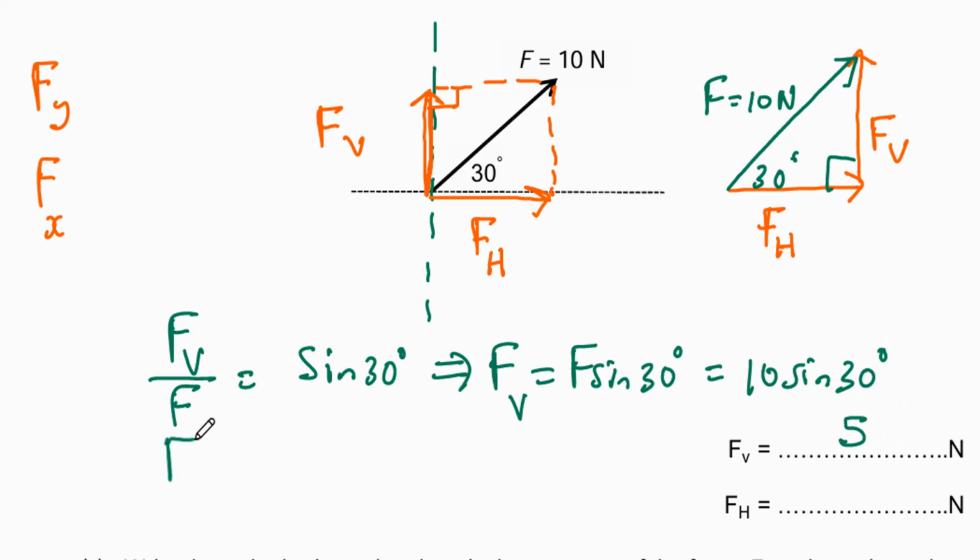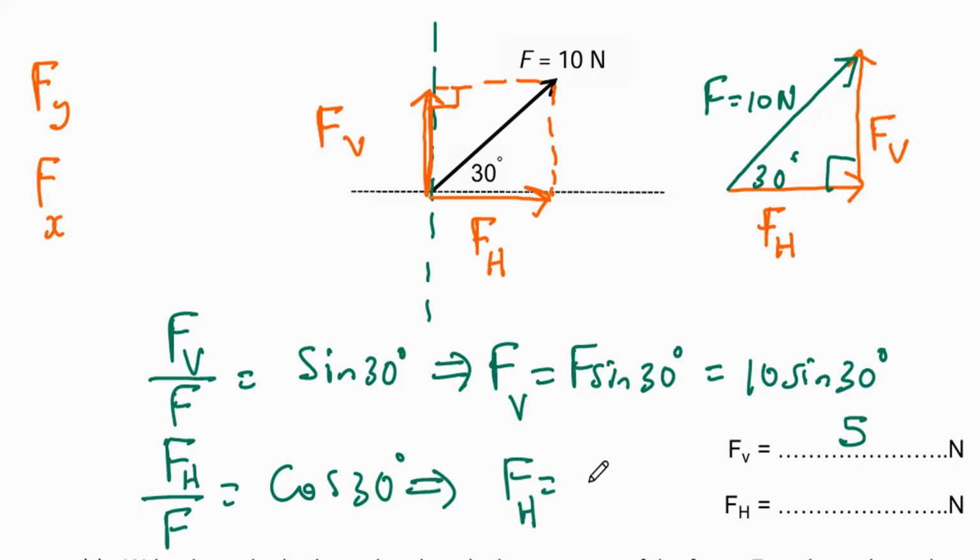To find the horizontal component, FH over F will give us the cos of 30. So FH here will be F cos 30.